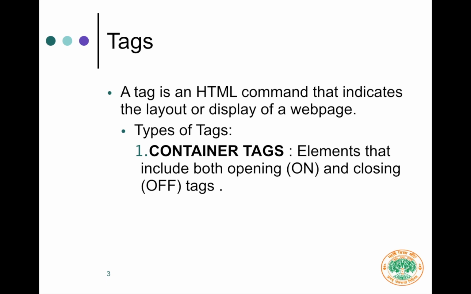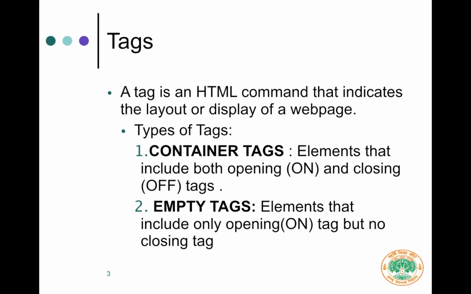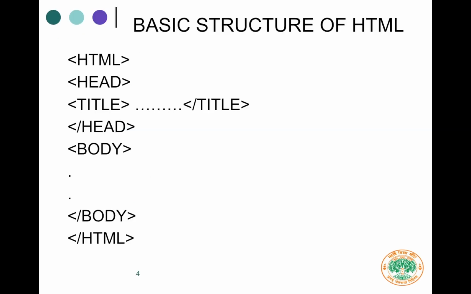Those tags are called container tags. Next we go to empty tags. There are certain categories of tags which do not have any closing tags. Those elements which do not have any closing tags are referred to as empty tags.